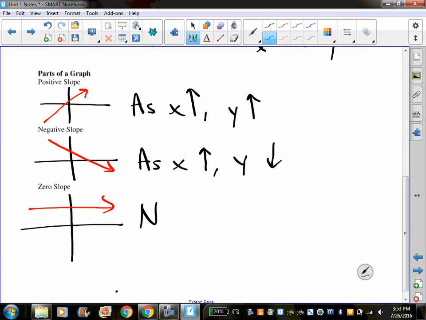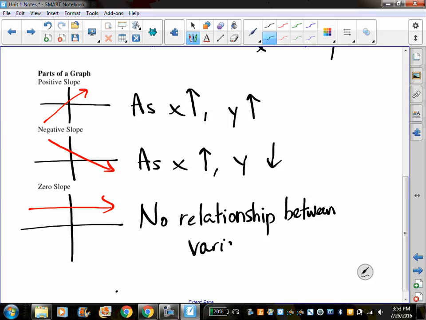And so there we would say that there is no relationship between these variables. If it doesn't matter what I put in for X, Y isn't ever going to change, well, then I've got just two completely unrelated things here.